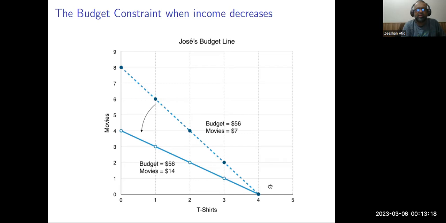This development has rotated the budget line on the y-axis. This rotation of the budget line happens because of the increase in the price of movies. We can use these kinds of examples to understand the different behaviors people show when the price of goods changes or the income of individuals changes.